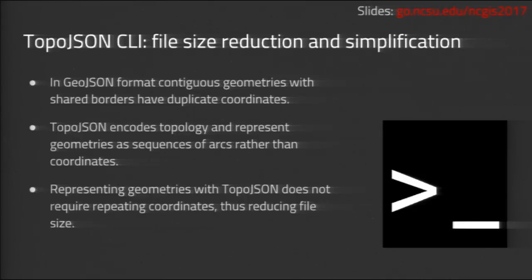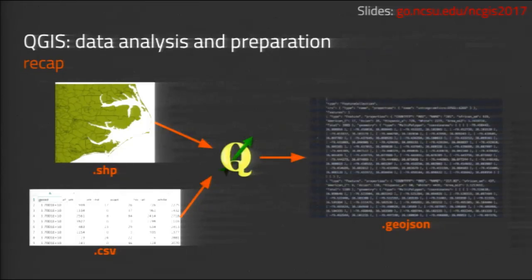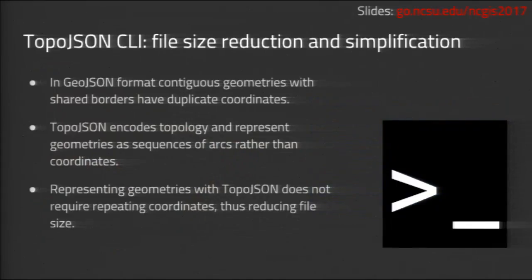So why do I want to do that? GeoJSON, the file I just showed here, this format, is composed of coordinates. So each individual feature has a set of coordinates that indicate where it is mapped. So in that case, if we have contiguous geometries or places that are lying right next to each other, we're duplicating any coordinates if they're sharing the same coordinates.